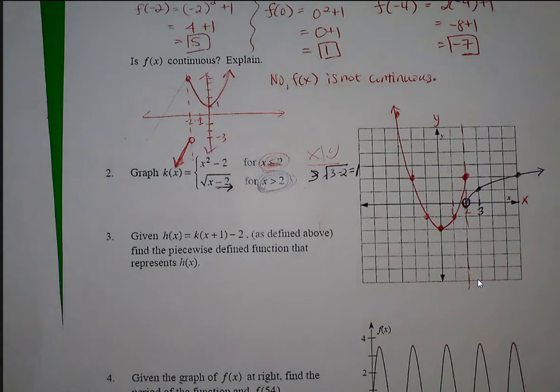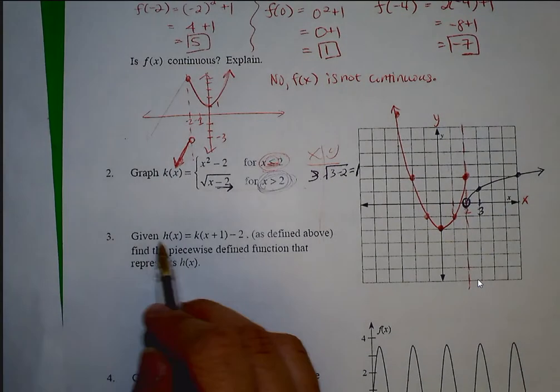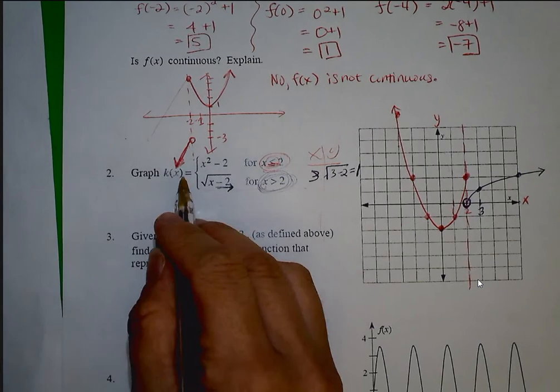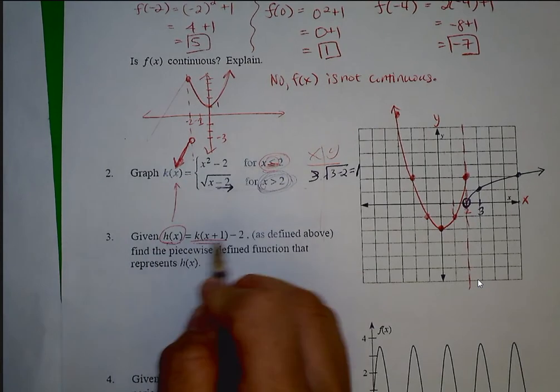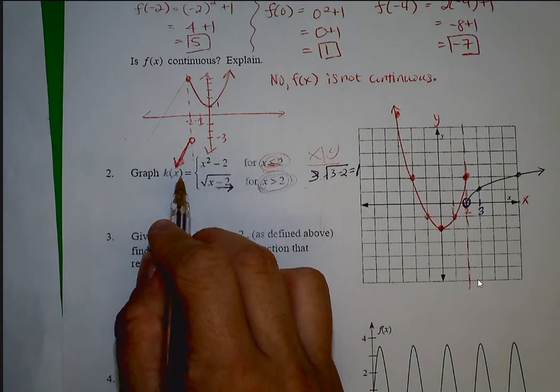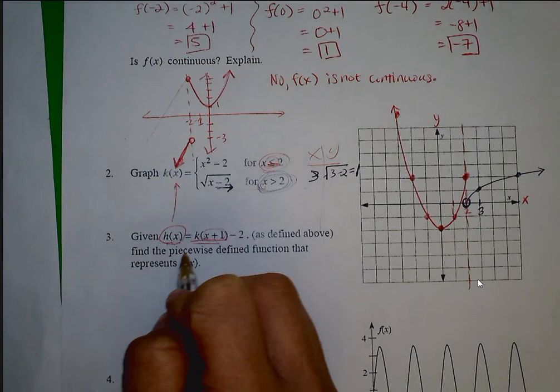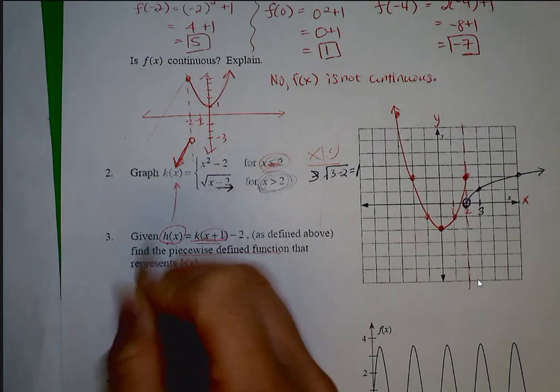Now, given h of x, h of x is different from k of x. In fact, it's almost the same as k of x, but it's x plus 1 plugged into the argument of k of x, and then all the y values are subtracted by 2. So find the piecewise defined function. Okay, I'm just going to do this.